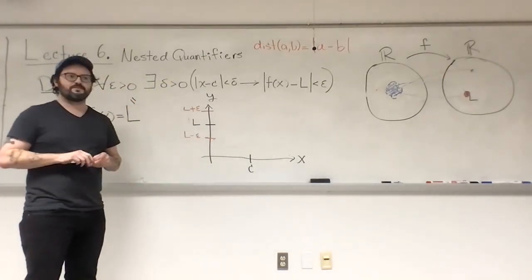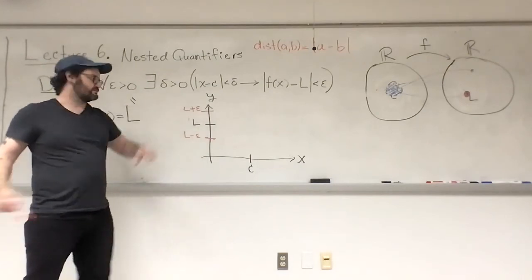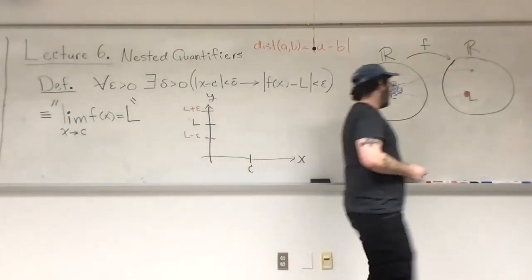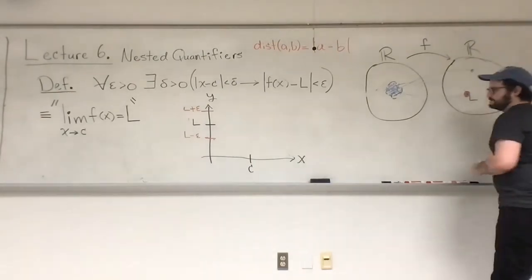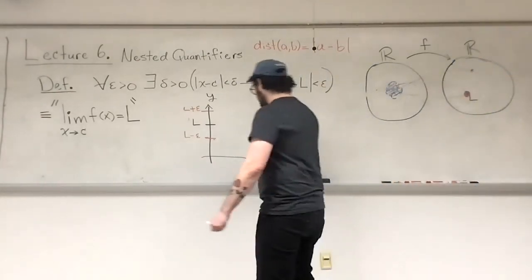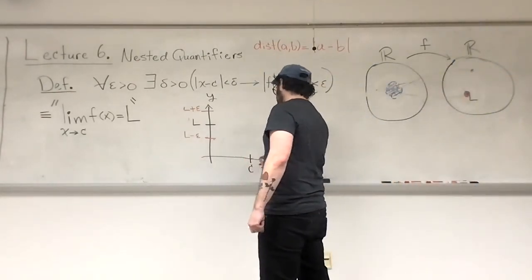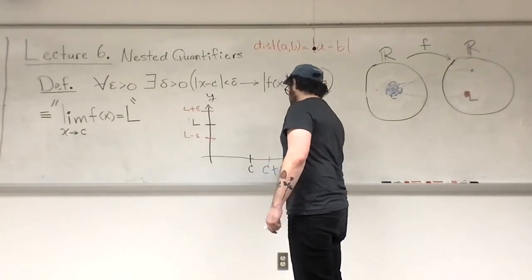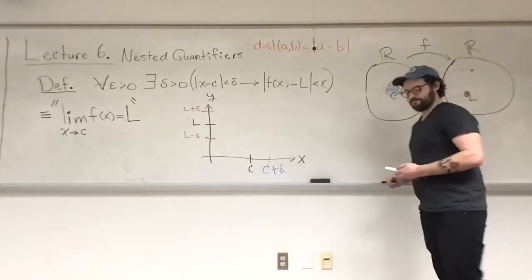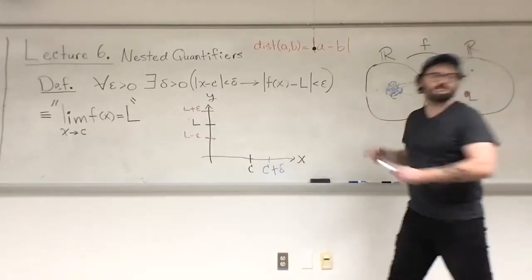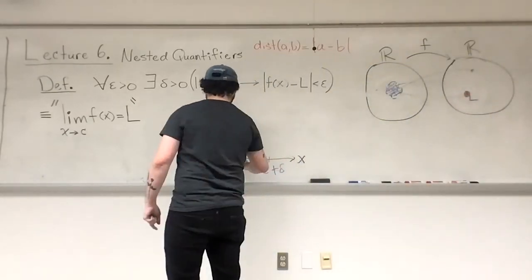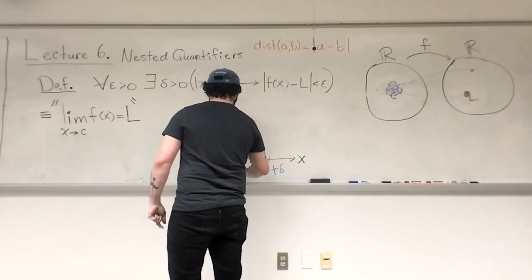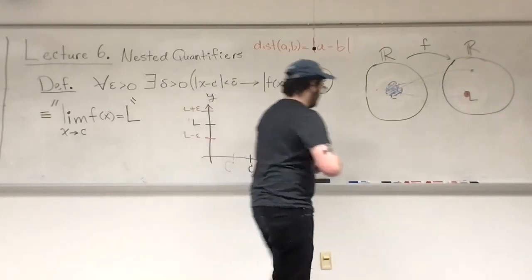L minus epsilon. Okay. And this is any choice of epsilon we want. What do we get? We immediately must have a delta. So make a little arm of length delta. Where do we land? C plus delta. Wrap around. The other side would be C minus delta.